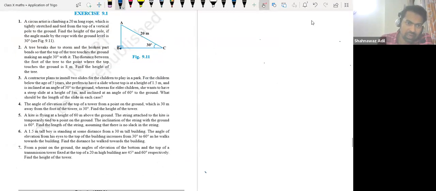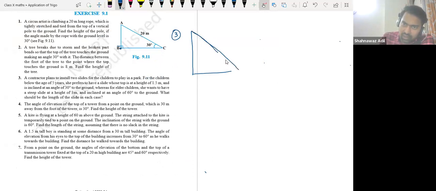A contractor plans to install slides, right? So slides have these kinds of things. This is the slide, right? This is the slide. Let's say this is slide one, and this is the second slide.